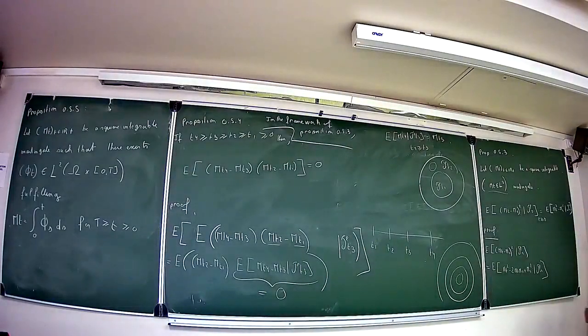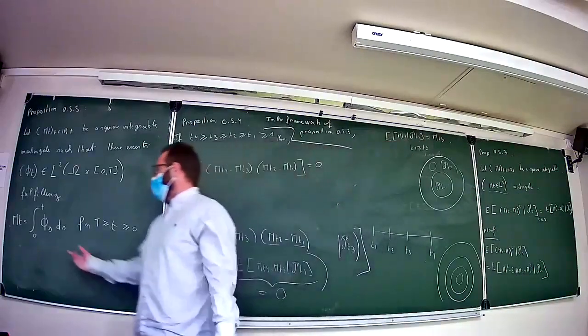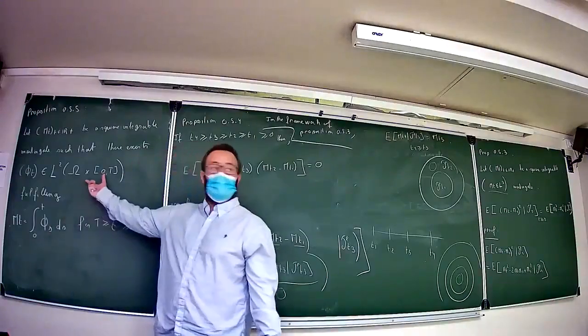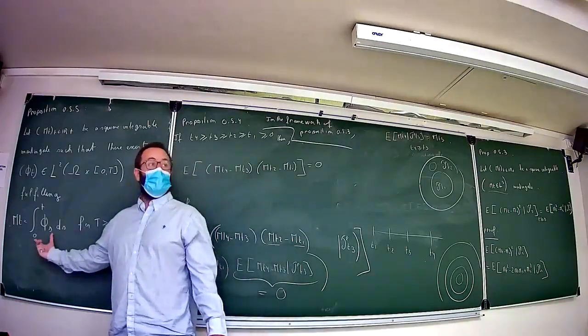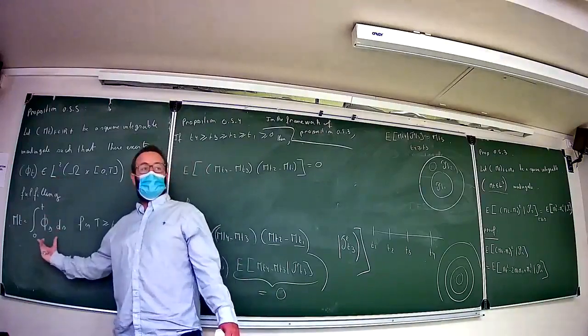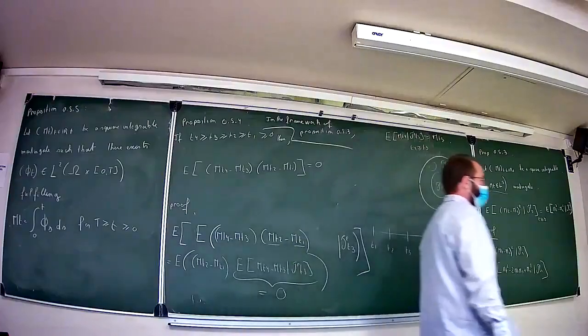So let MT be a square integrable martingale such that there exists a stochastic process in L2, progressively measurable, with MT given by the integral of this stochastic process. We have already seen together that if my process is in L2 prog, then I know that this is adapted to the filtration, something we saw during the previous session.